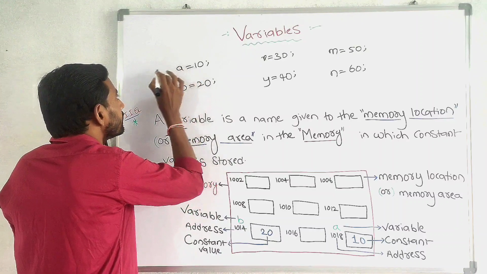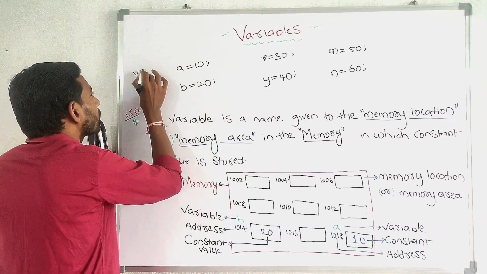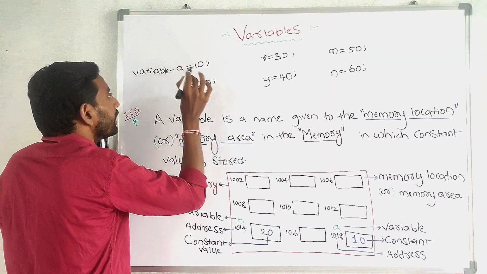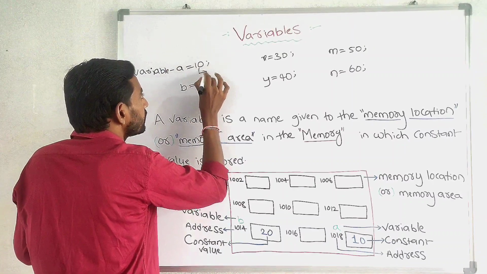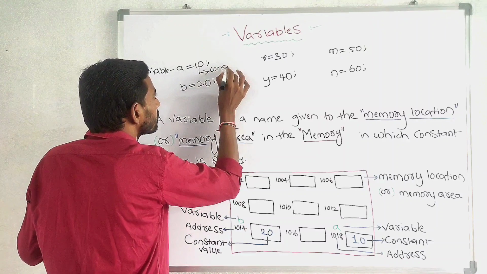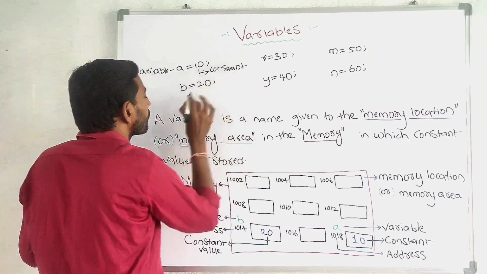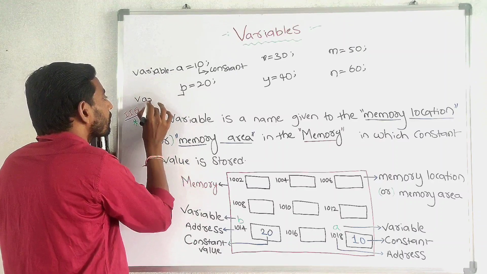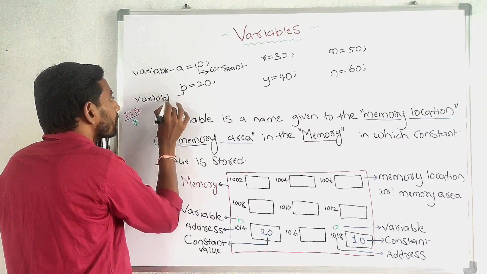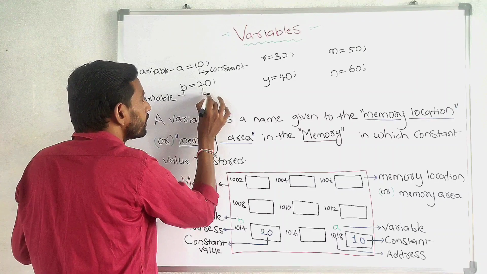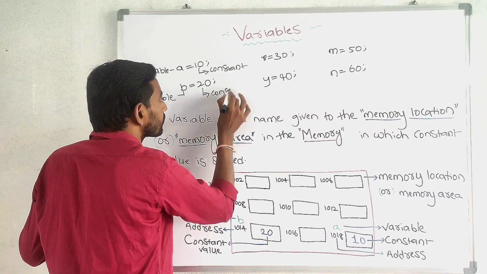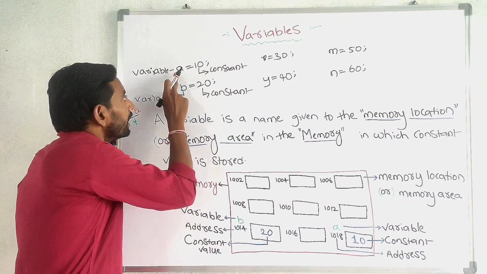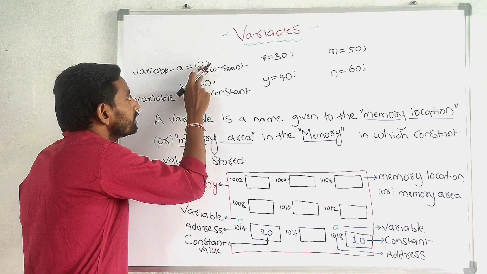Here A is a variable. A is a variable, 10 is a constant.